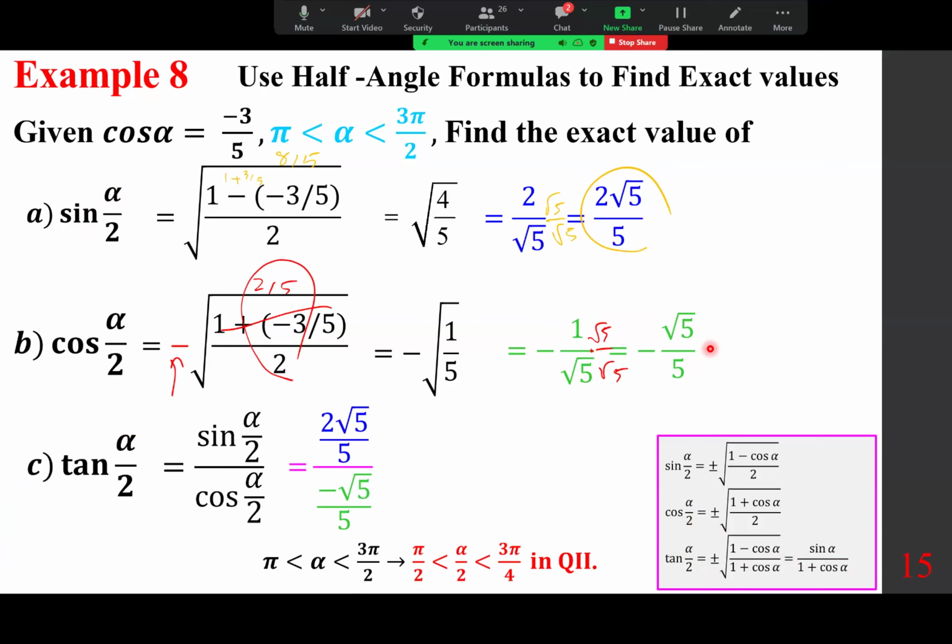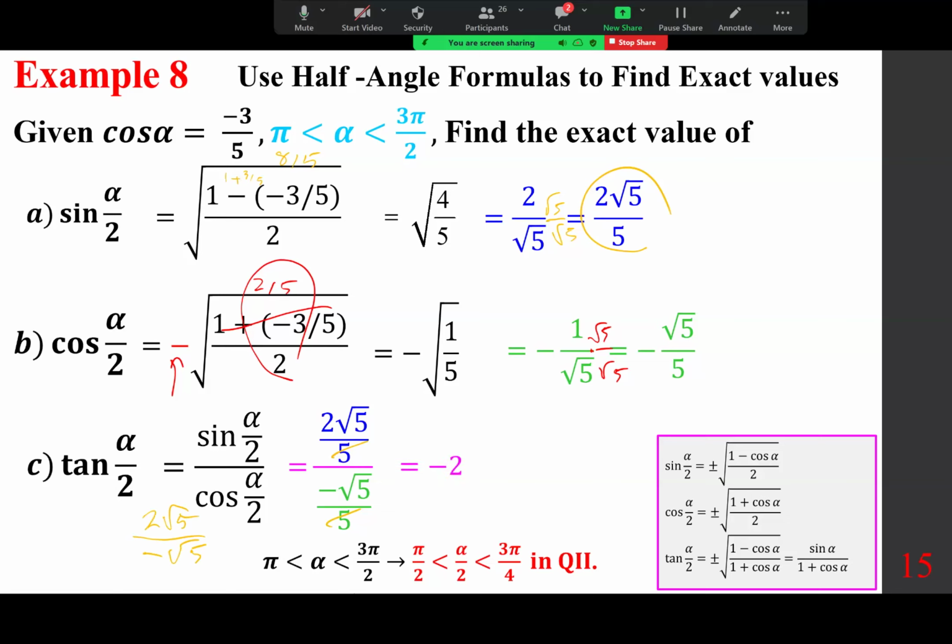Of course, they cancel each other. So we get 2 square root of 5 over minus square root of 5. Square root of 5 from the top and the bottom cancel each other.